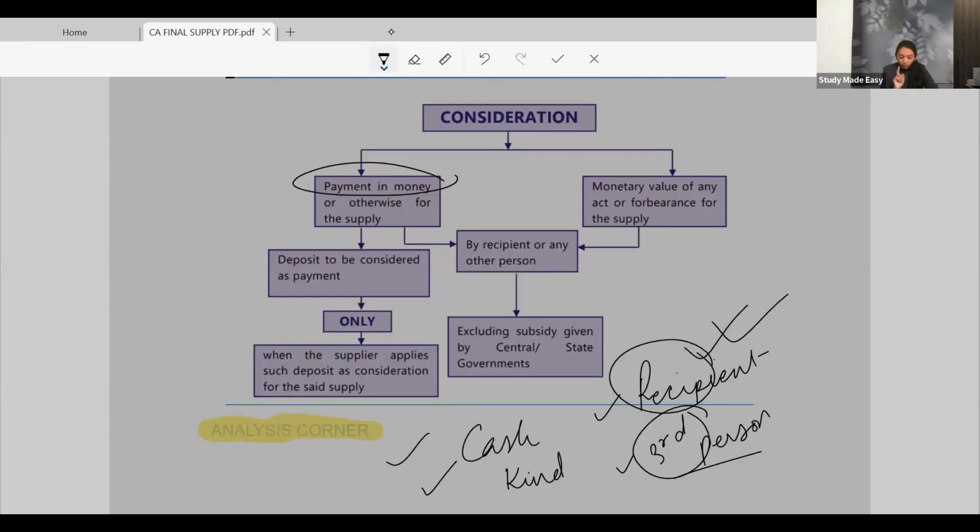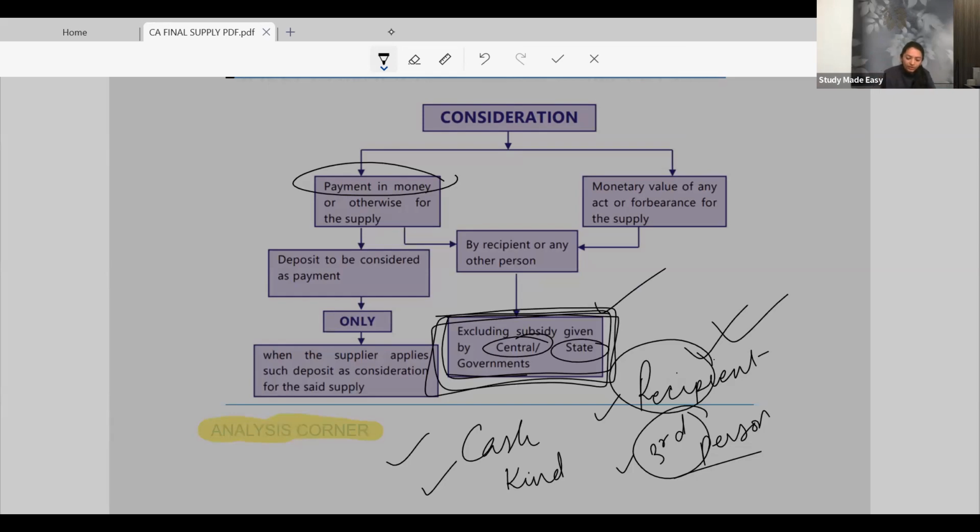Now going to interpretation. Now they are saying consideration does not include subsidy by central government, state government. If you receive a subsidy from the central government or the state government, that is not included in your consideration.